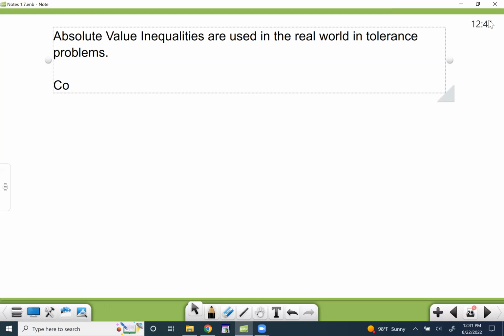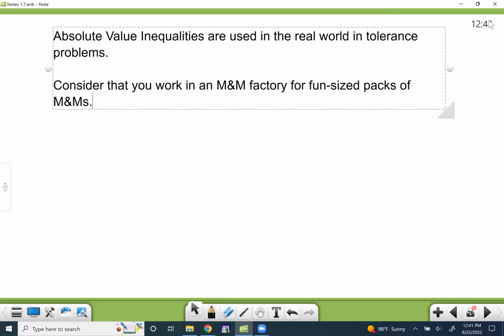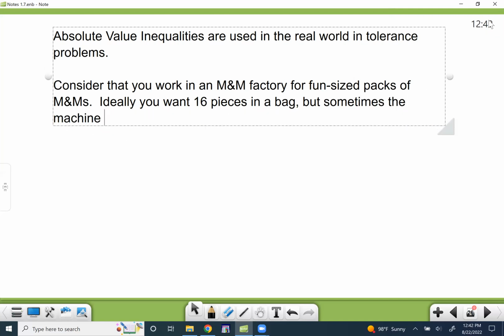Consider that you work in a factory of fun size packs of M&Ms. Ideally, you want 16 pieces in a bag, but sometimes the machine shoots out more or less, right?